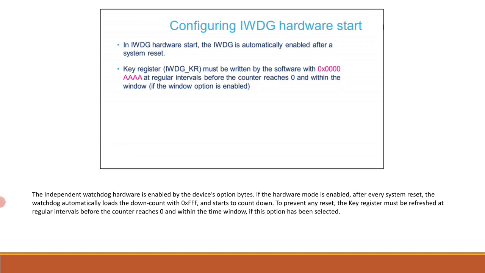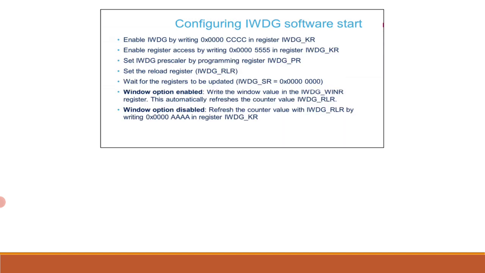Configuring the IWDG software start takes only a few steps. The first step is to write the key register with the value 0x0000CCCC, which starts the watchdog. Then remove the independent watchdog register protection by writing 0x00005555 to unlock the key.